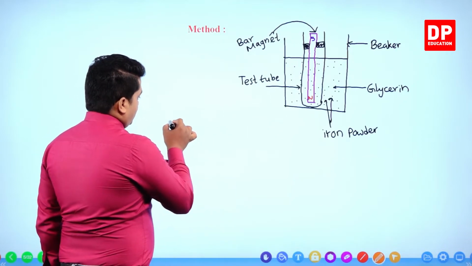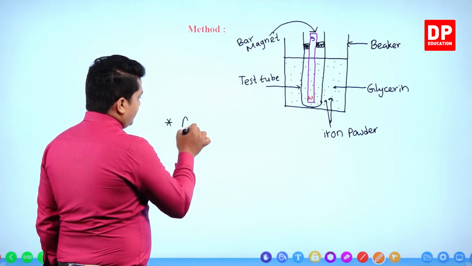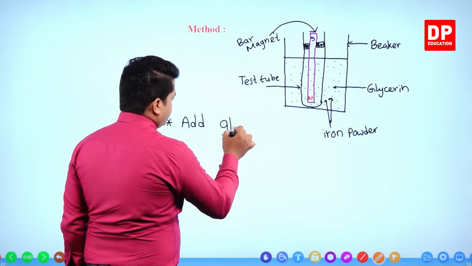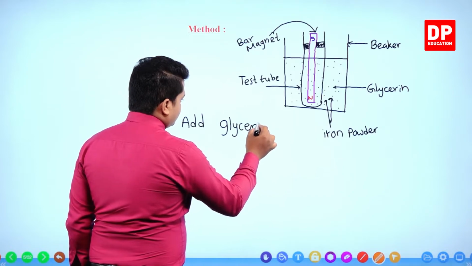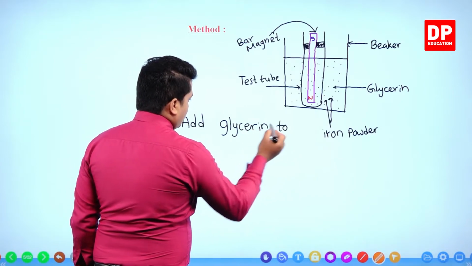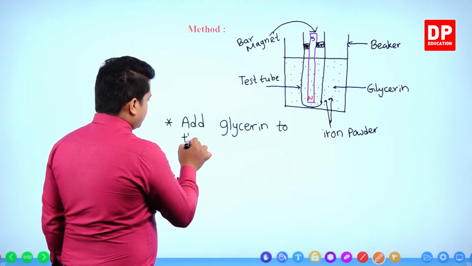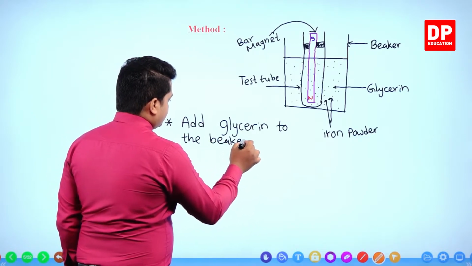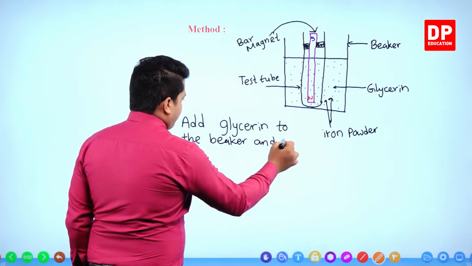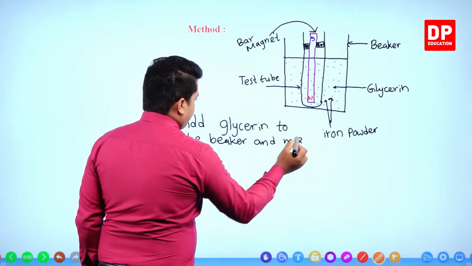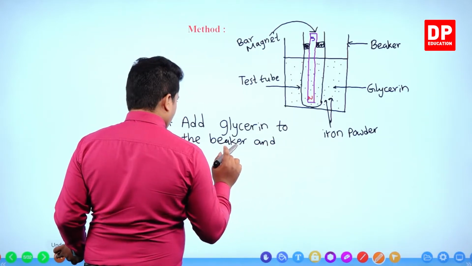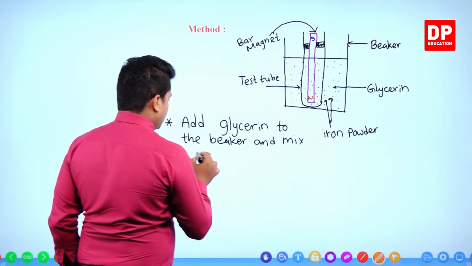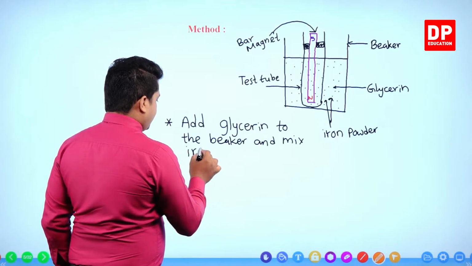So the first step is: add glycerine to the beaker and mix iron powder in it.